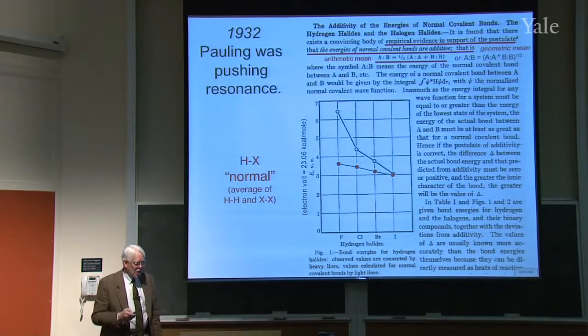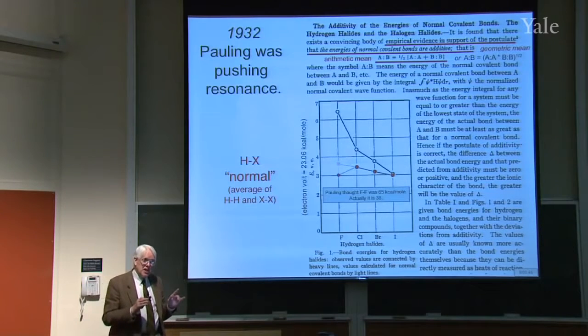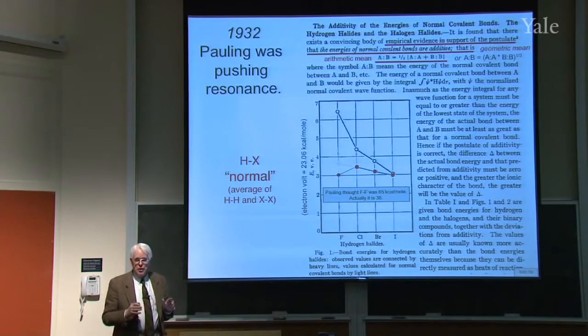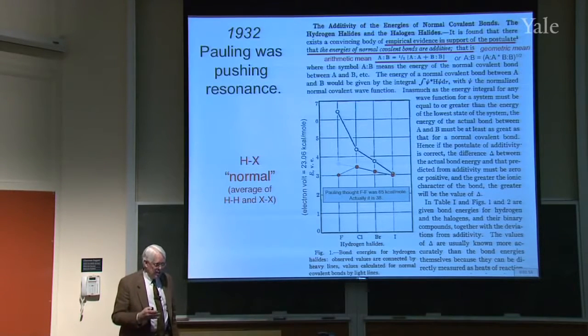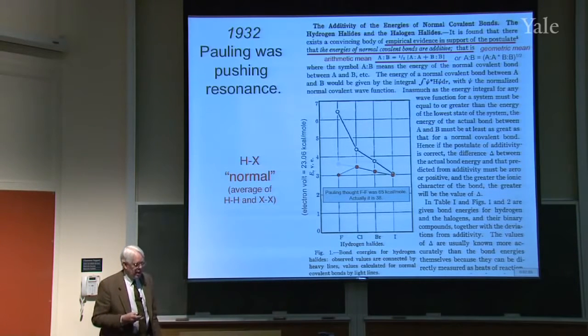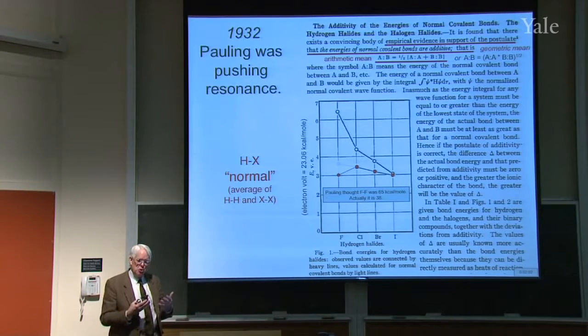Okay, but incidentally, there's a little problem here, because he was using the wrong value for the fluorine-fluorine bond energy in all of this work. He thought it was 65 kilocalories per mole. Actually, it's 38. It's a rather weak bond because of all these electron pair repulsions that we talked about. Okay, so his numbers are a little bit skewed, but at any rate, that was what he was doing.